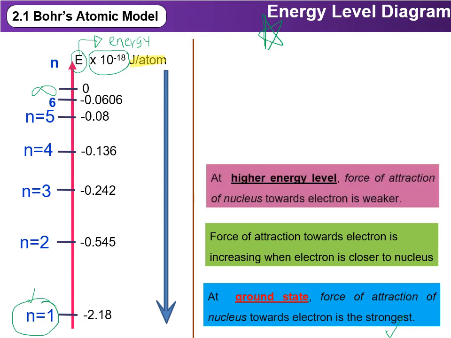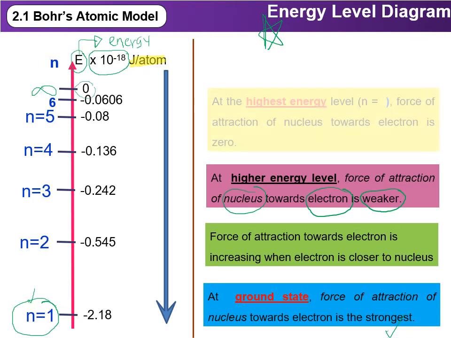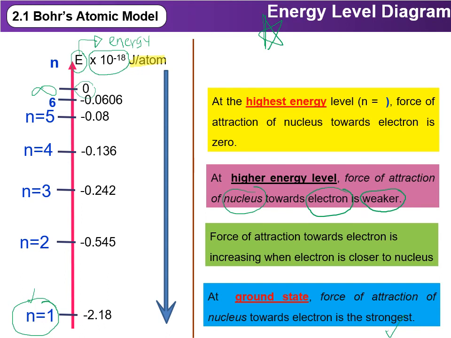So when the energy level gets higher, the attraction of the nucleus towards the electron becomes weaker. That's why you can see the values become more and more positive, until at the highest energy level, represented by n equal to infinity, the force of attraction of the nucleus towards the electron is almost or near to 0.